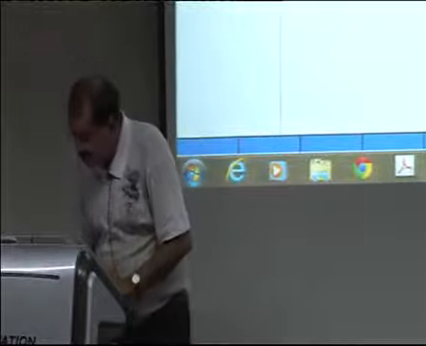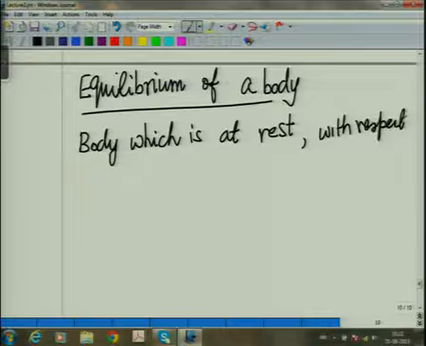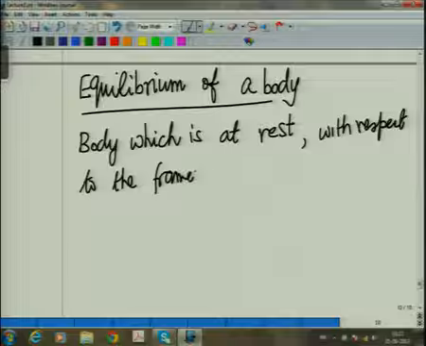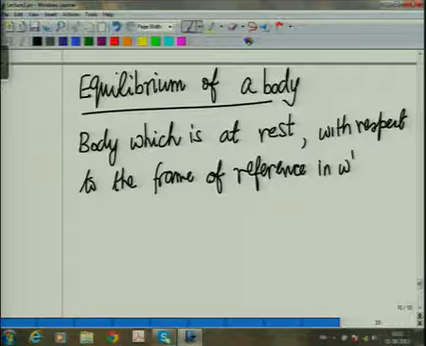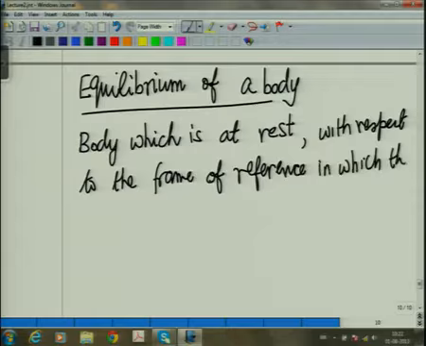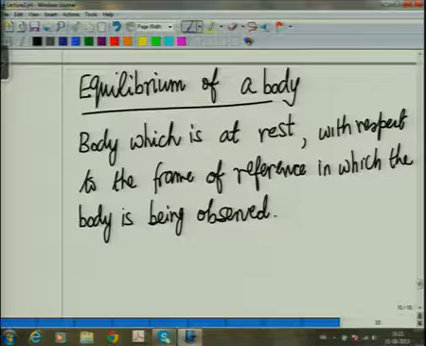Now this is with respect to the frame of reference in which the body is being observed.